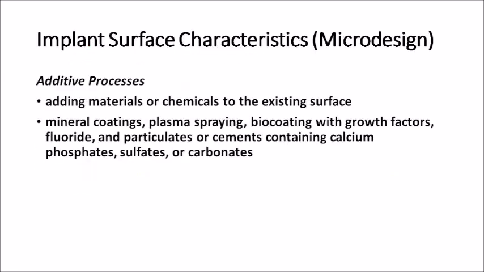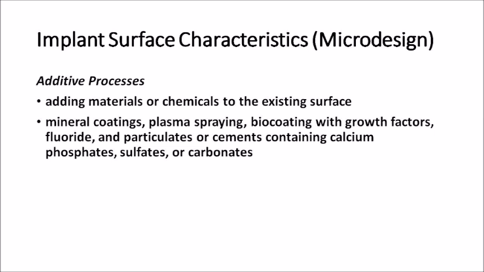Now first we were seeing the implant macro design or implant geometry. What is the major outline of the implant? Coming to micro design, or the implant surface characteristic, that is how the implant surface is, what is the texture. It can be modified using two types of processes, additive processes and subtractive processes.